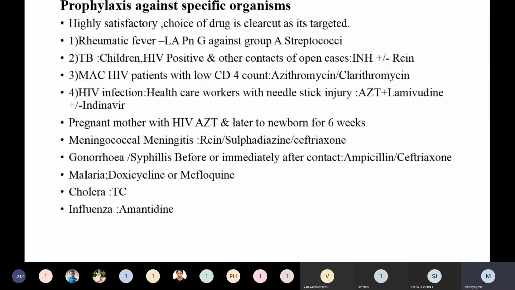Now, a few examples where we use prophylaxis against specific organisms. This is highly satisfactory as the choice of drug is clear cut and targeted.